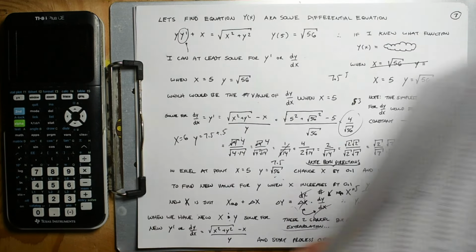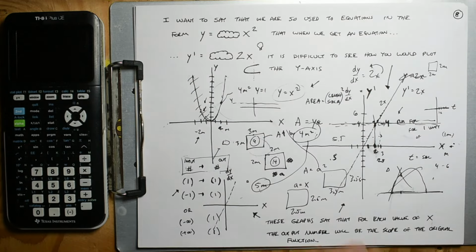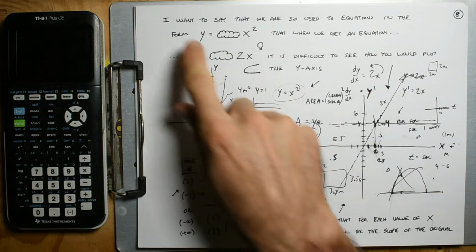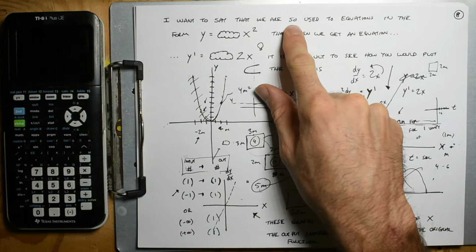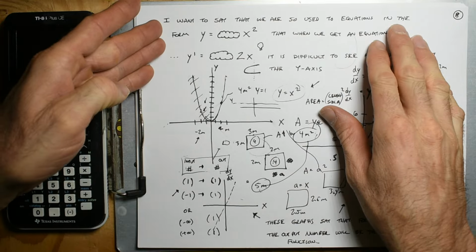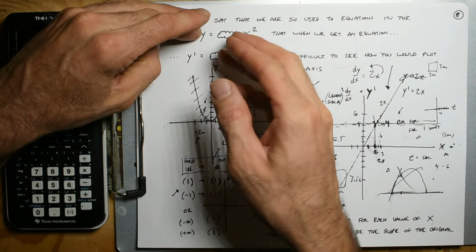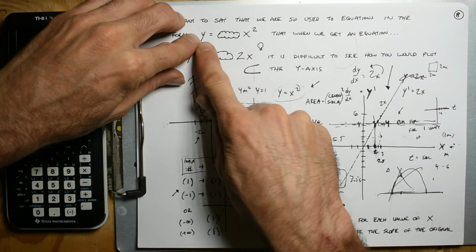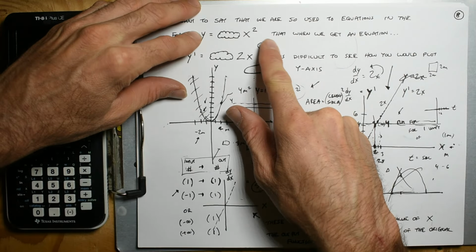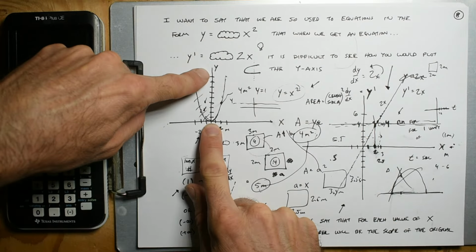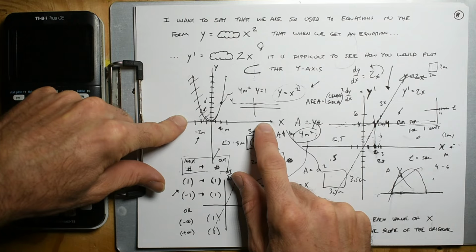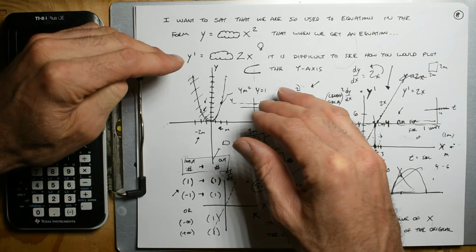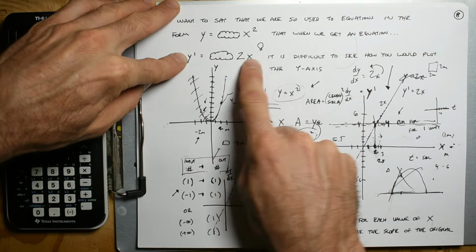All right, so let's see what the next part of the process is going to be. I want to say that we're just so used to using equations in the form of y is equal to something something x. In this case, y is equal to x squared. And then we can make that equation look like this. And then it's easy to use the rules and get a differential equation, dy dx, or y prime, is equal to 2x.